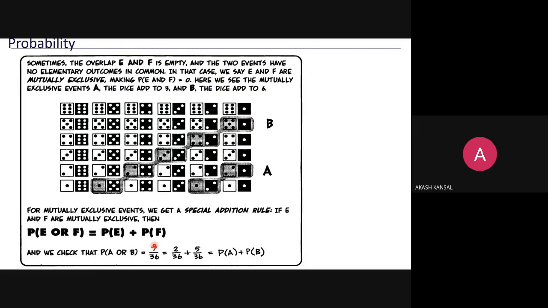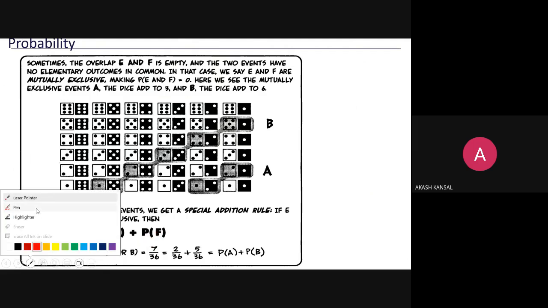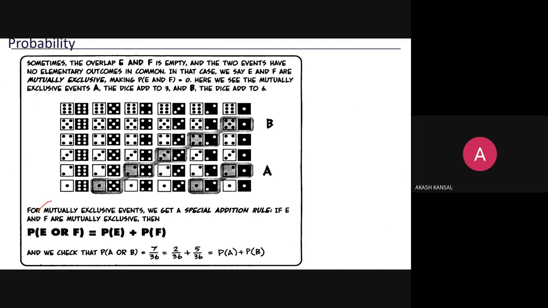Similarly, let's talk of two other events, A and B, where they are mutually exclusive. This is an important term which you will see very frequently when you are trying to identify probabilities. Mutually exclusive events would mean there is nothing in common between them. Let's say, again in a two dice roll, event A is a sum of 3 occurs on both of them, or event B is a sum of 6 occurs on both of them.